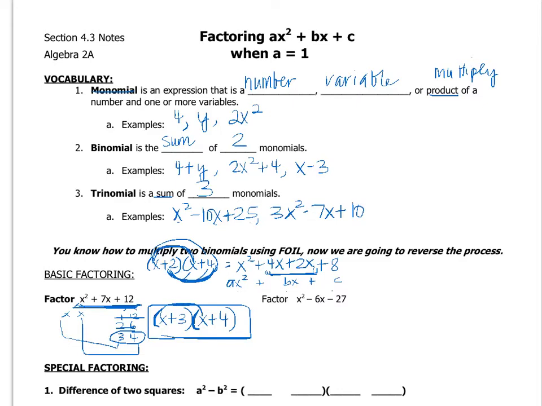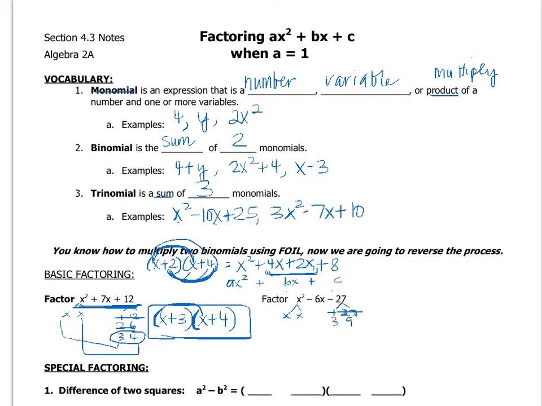So we're going to try one more. This gets a little bit more difficult because I add in the negatives. We always start with x squared, which we know comes from x times x. As we look at negative 27, let's just talk 27 to start. I could have 1 and 27, or 3 and 9. Now I know 1 and 27 have no way of getting me a 6, so I'm just going to cross it off to begin with. The 3 and 9 could get me 6.